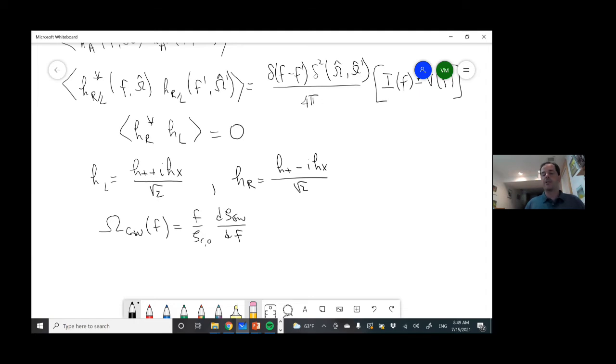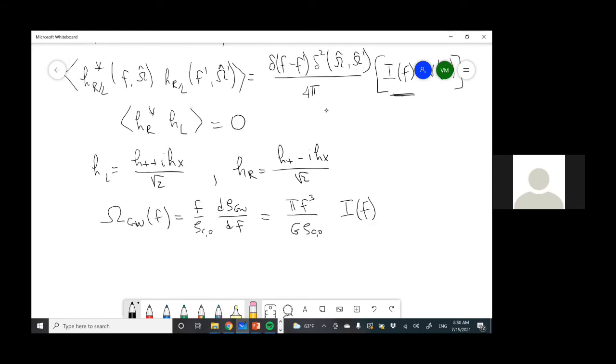So you write that down first, then you do the plane wave expansion for the metric, and apply this 2-point correlation to simplify some of the integrals. What you get is pi f cubed divided by G rho c times I of f. So the energy density in gravitational waves will then really depend only on the I of f component of this 2-point correlation.